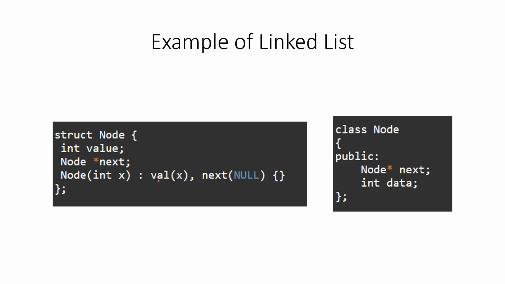Here is an example of a linked list in C++. You create the struct. A struct is kind of a class, and you define the properties like value and pointer to the next element. And here is an example in Java.